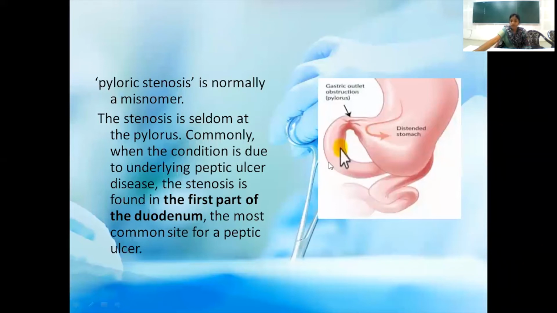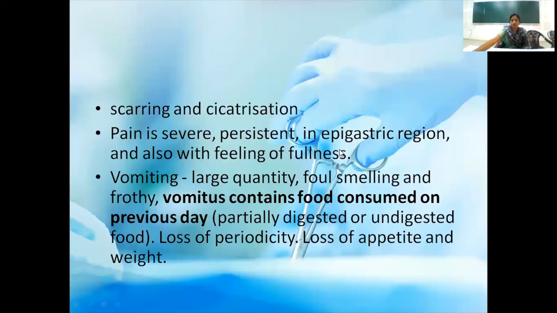In case of peptic ulcer, the most common site is the first part of the duodenum, which in turn causes gastric outlet obstruction. So, in long-standing or chronic duodenal ulcers, there will be scarring and cicatrization, and the pain will be severe and persistent in the epigastric region, along with a feeling of fullness.